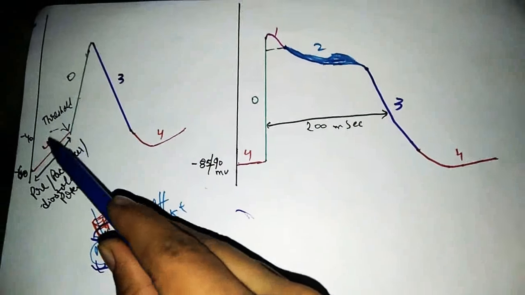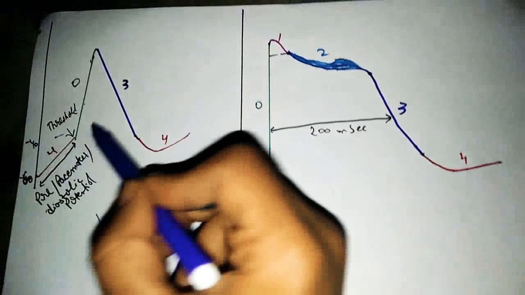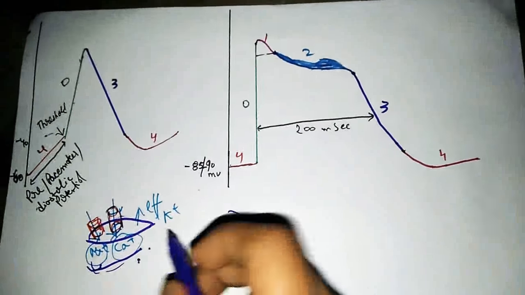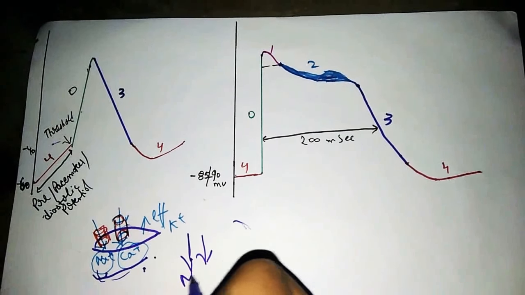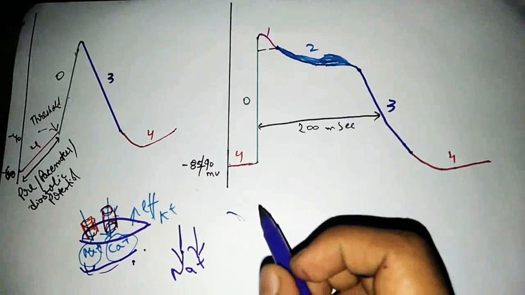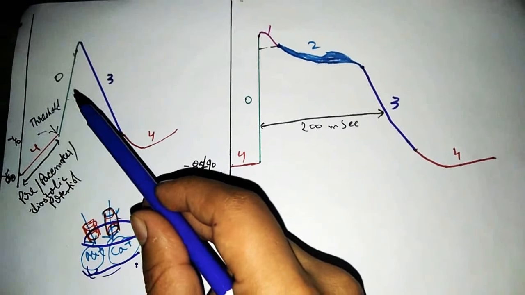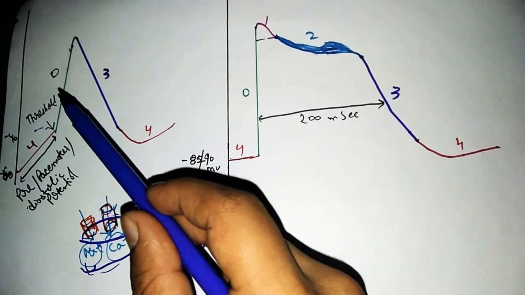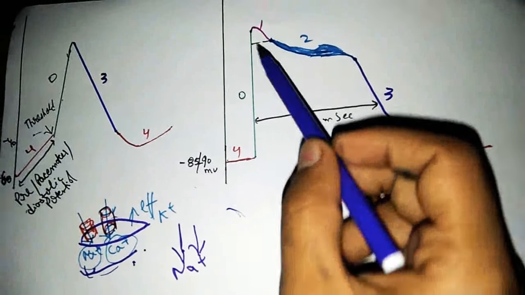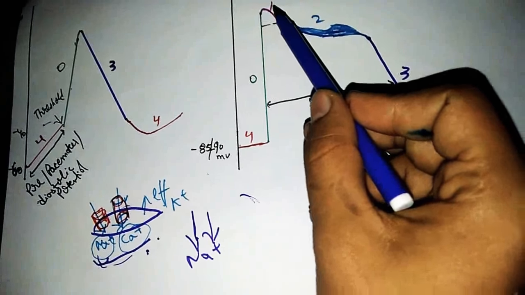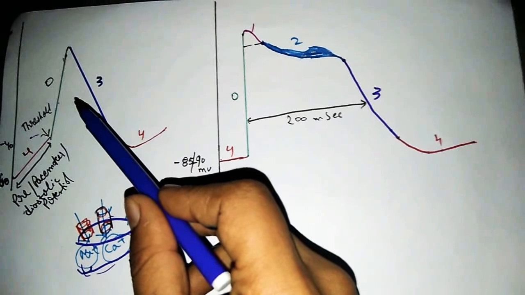After reaching -40, which is the threshold, there is a rapid influx of sodium ions through the voltage gated sodium channels, as we have seen in this phase. So phase 0 of the SA node action potential and of the cardiac action potential are both the same. But here phase 1 and phase 2 are absent in the SA node action potential.